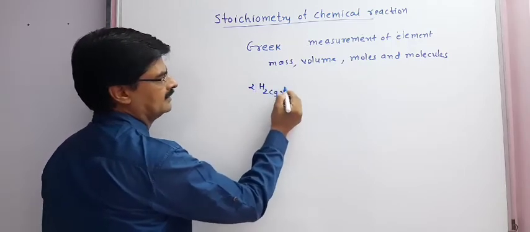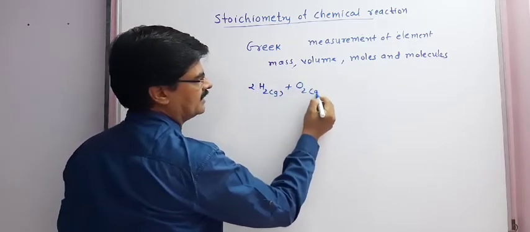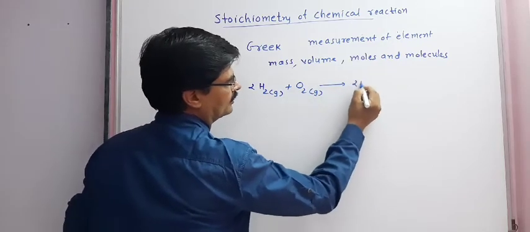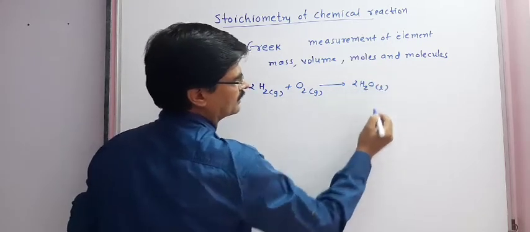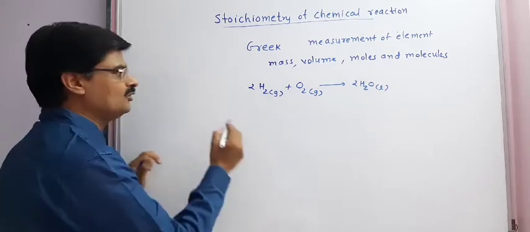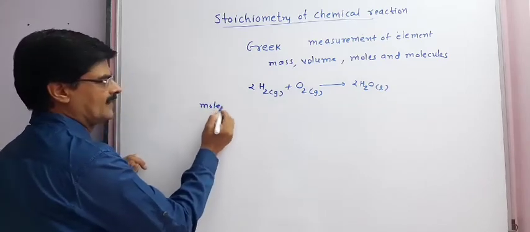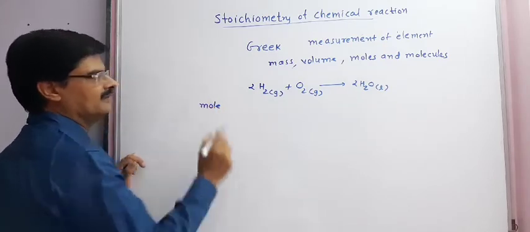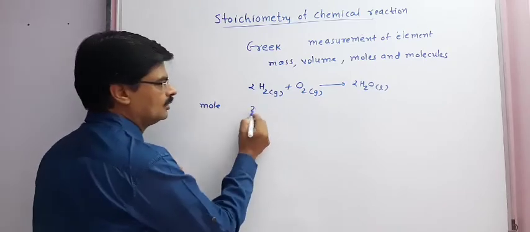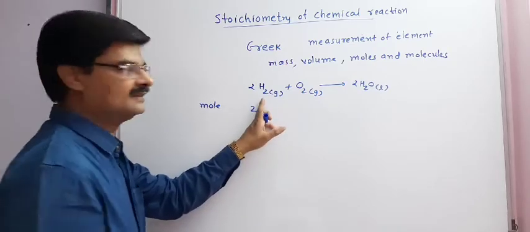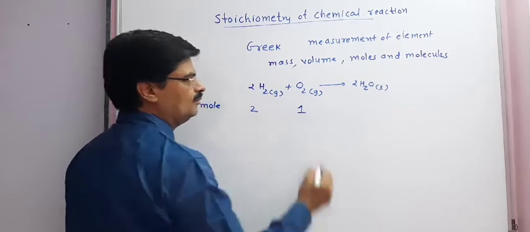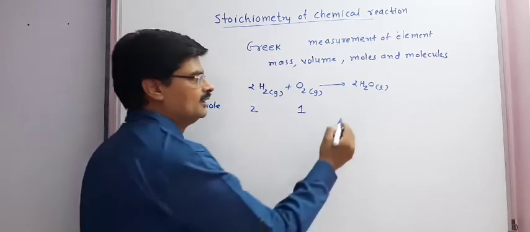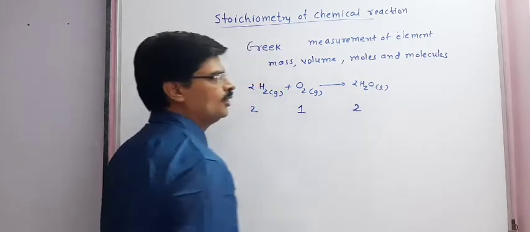Hydrogen gas plus oxygen gas gives 2 moles of water. So in terms of mole, we can write 2 mole of hydrogen gas reacts with 1 mole of oxygen gas to produce 2 mole of water.